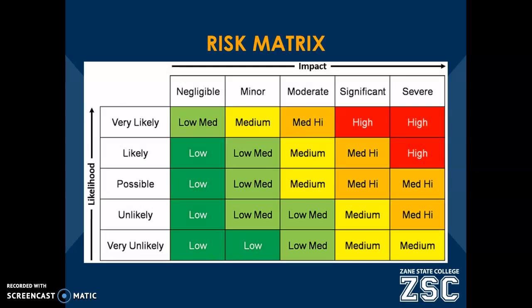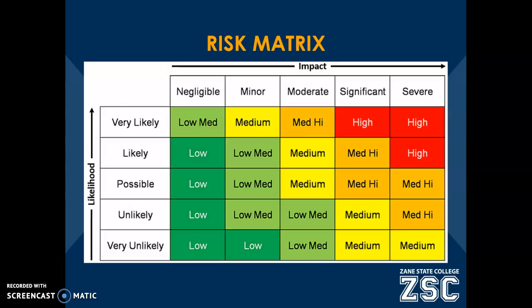This is an example of a risk matrix. I've posted a video on risk matrices to Blackboard that explains them. But essentially, this is like the qualitative analysis I was just describing, identifying a potential risk as being low in likelihood, very unlikely, to potentially very likely.